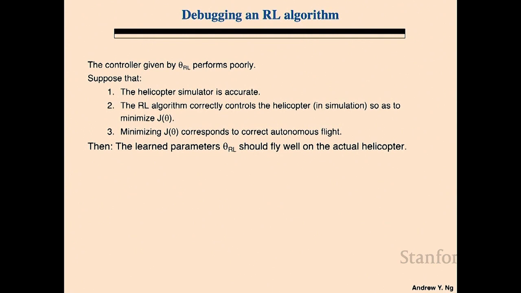To make an analogy to more conventional software debugging, if you have a big complicated program and for some reason it crashes, if you can isolate it to one component that crashes, then you can focus your attention on that component and try to find a bug there.